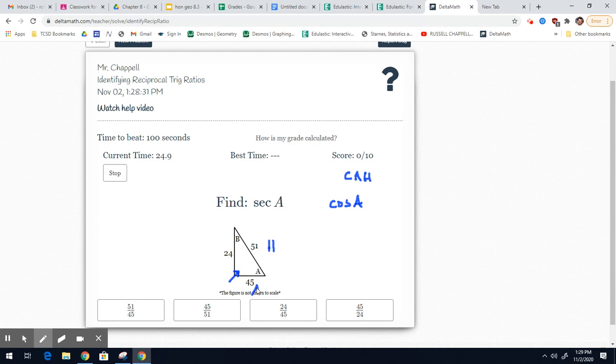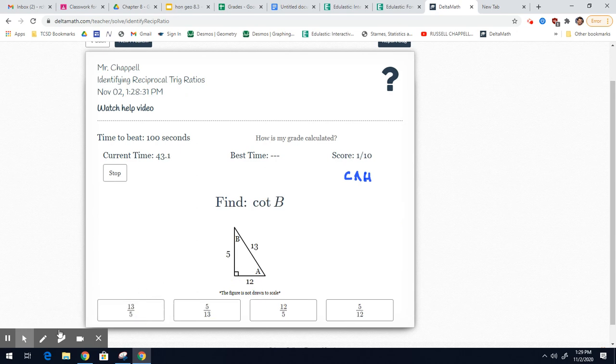That makes 45 the adjacent. So the cosine would be 45 over 51. But I know that secant is the reciprocal. So I'm going to choose the reciprocal of 45 over 51, which is 51 over 45.